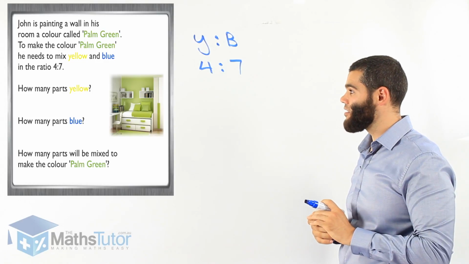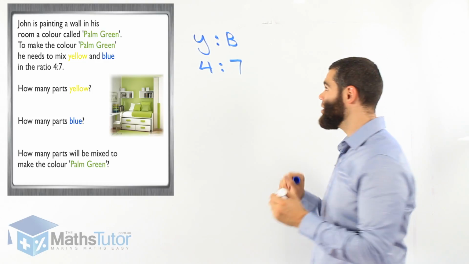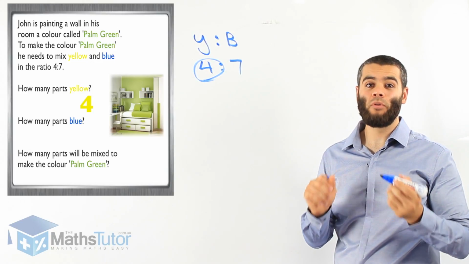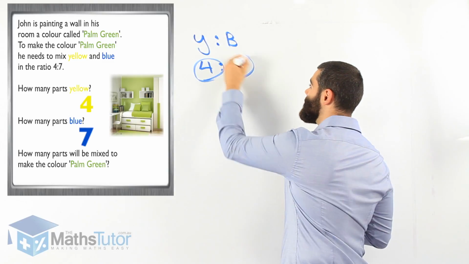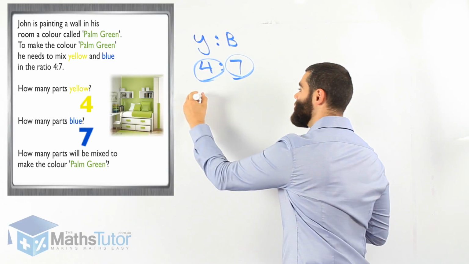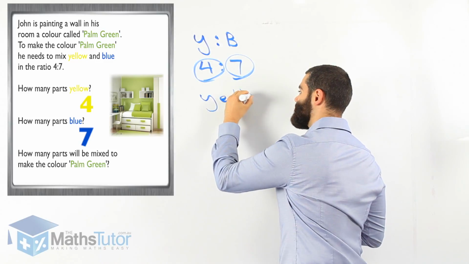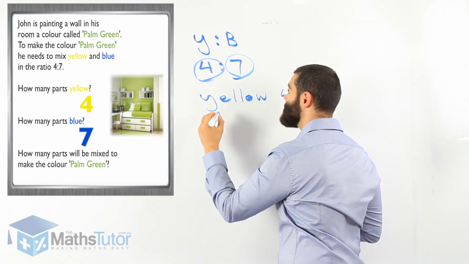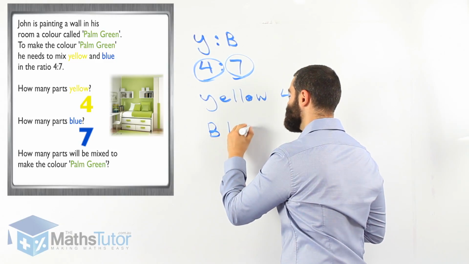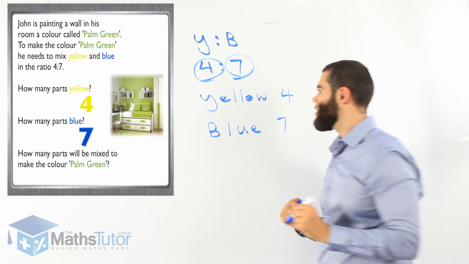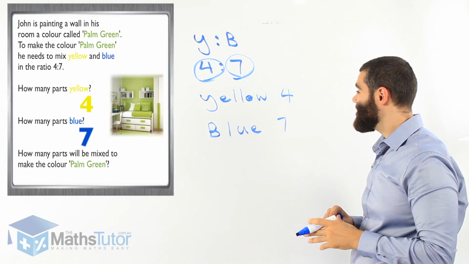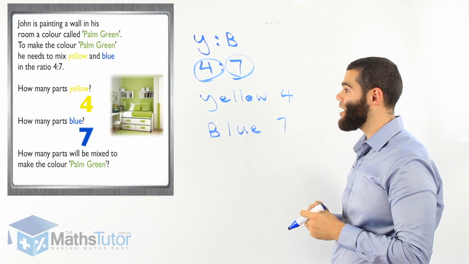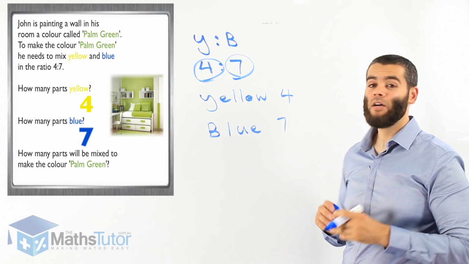So the question says, how many parts yellow? Well, yellow is 4. And how many parts blue? Well, we know 7 parts blue. We have 4 parts yellow and 7 parts blue. The last question says, how many parts will be mixed to make the color palm green?